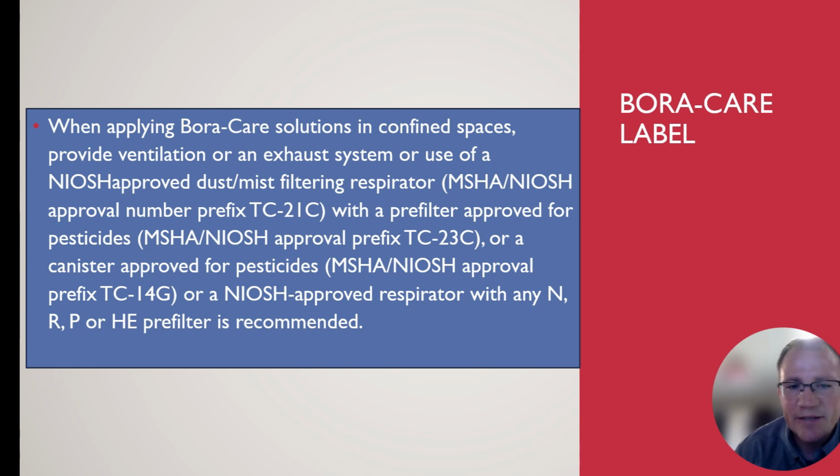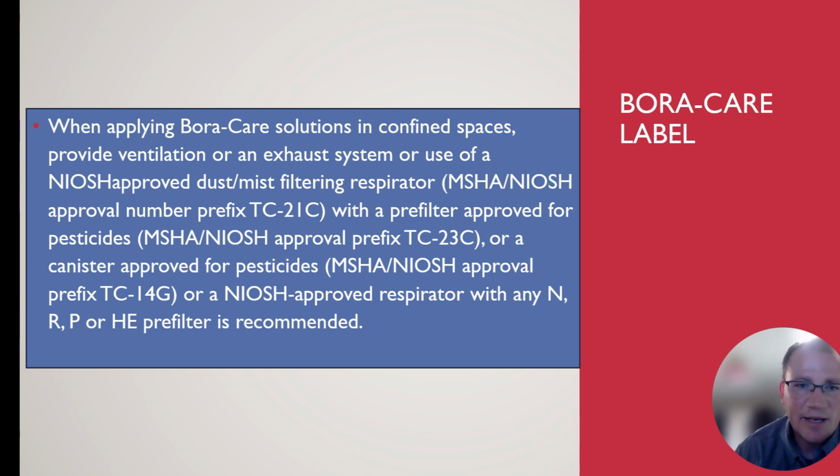This would be MSHA-NIOSH approval prefix TC-23C or a canister approved for pesticides, MSHA-NIOSH approval prefix TC-14G, or a NIOSH approved respirator with any N, R, P or HE pre-filters recommended.